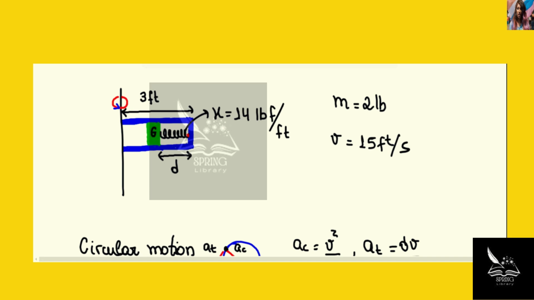We also have that the unstretched length of the spring is 0.5 feet. And our goal is to determine what is the force that the spring exerts on the cylindrical plug G here when the system is rotating with a speed of 15 feet per second.